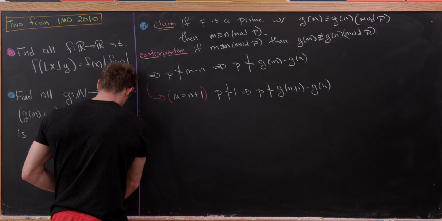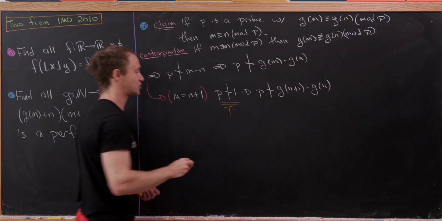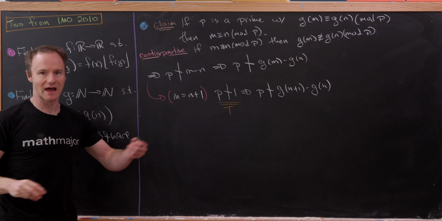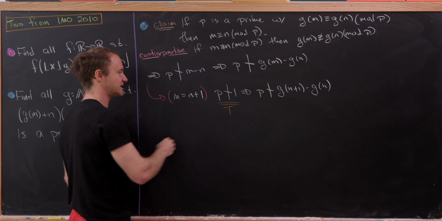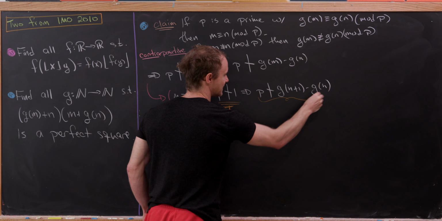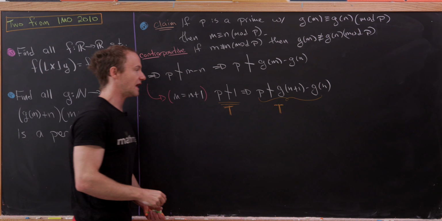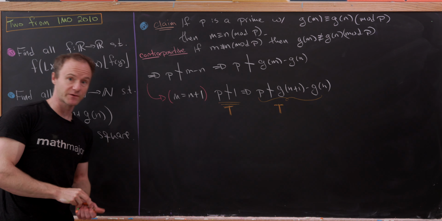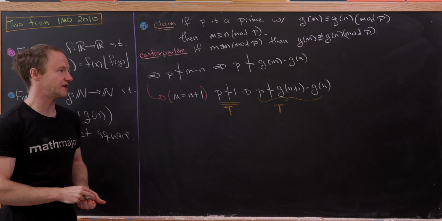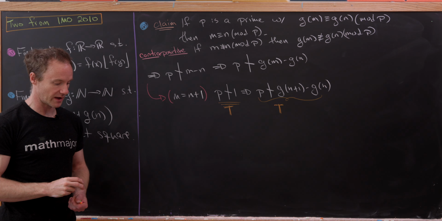So observe that this thing over here that I'm underlining in orange is always true, because a prime never divides the number 1. But since this statement over here is always true, that means that this statement over here is also always true. In other words, the difference between g of n plus 1 and g of n can never be a multiple of a prime.